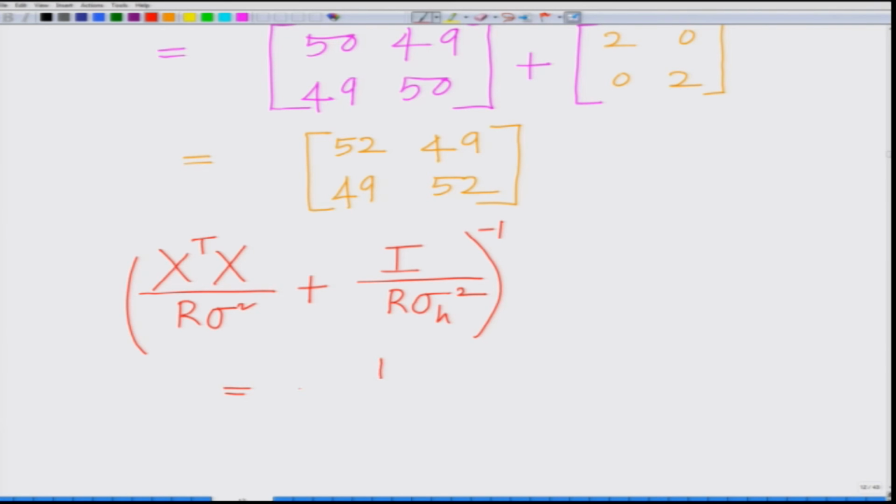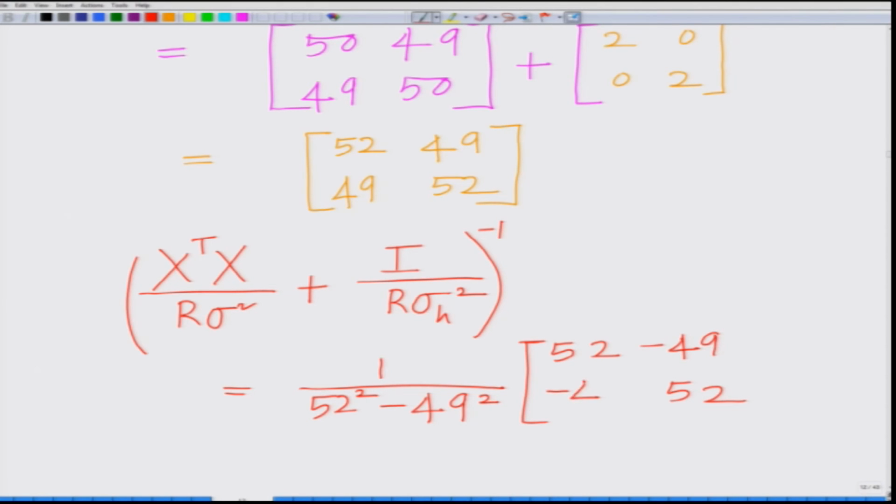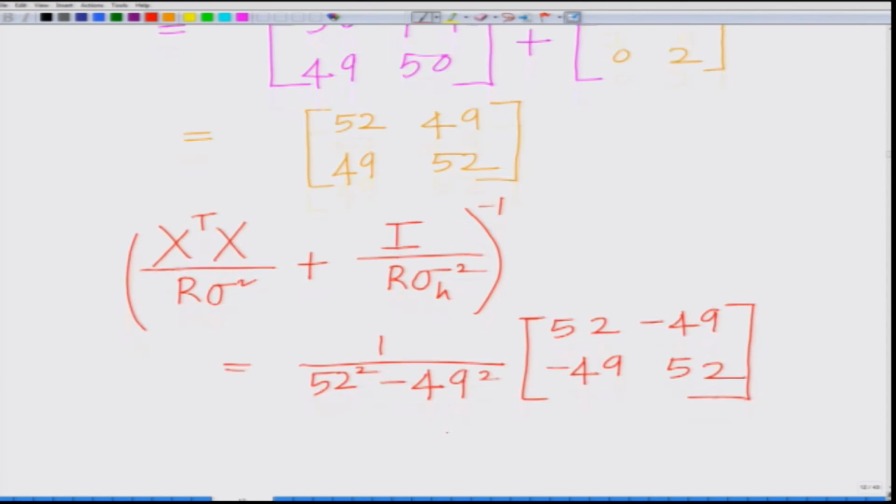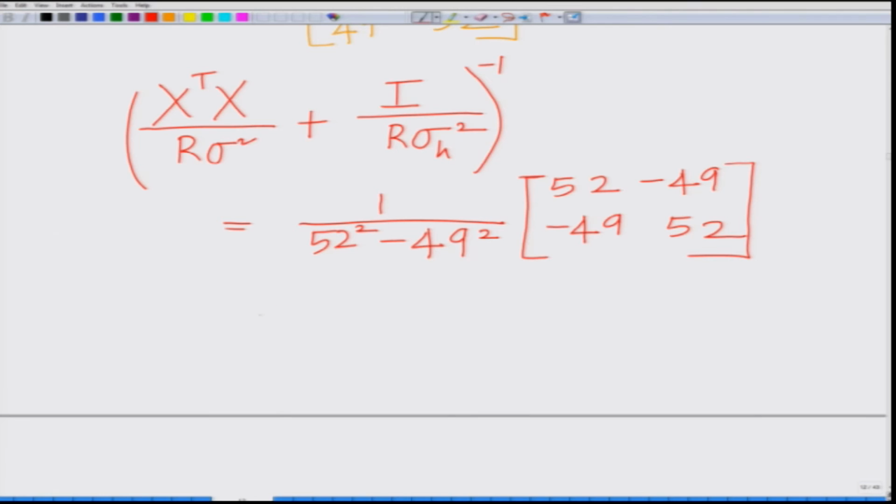The inverse is easy: 1 over the determinant, which is 52 square minus 49 square, times the matrix with the diagonal elements interchanged, so no effect, 52 52, and the off-diagonal elements negated, minus 49 minus 49.